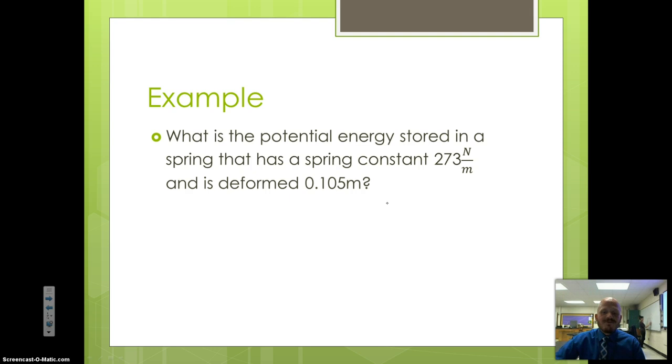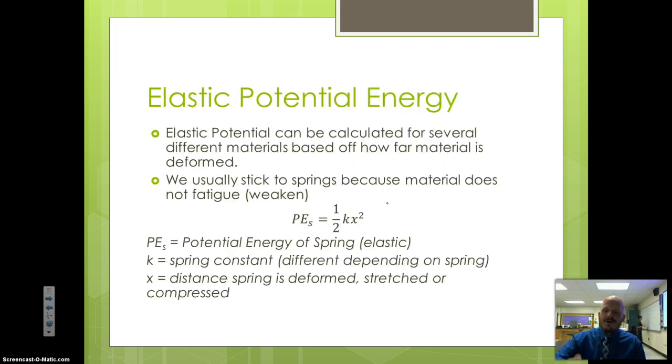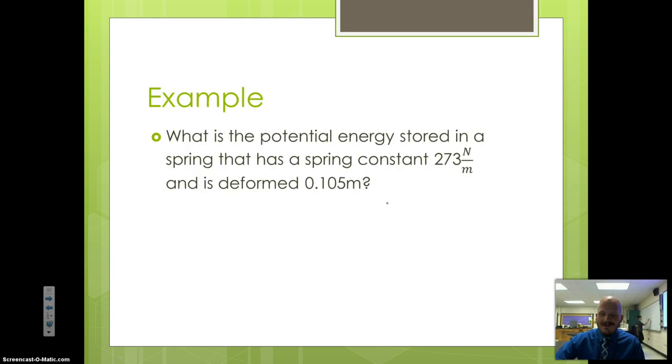What is the potential energy stored in a spring that has a spring constant of 273 newtons per meter and is deformed by 0.105 meters? So our equation, 1/2 kx squared. So we're going to do 1/2 times k, which is 273 newtons per meter, times our x, which is 0.105 meters, 0.105 squared.